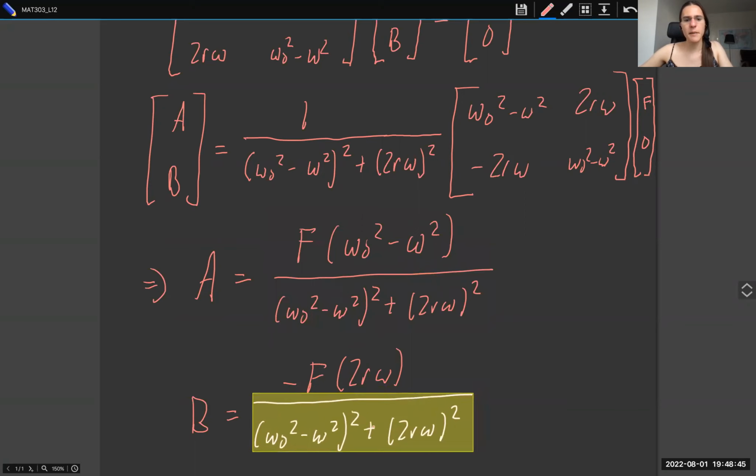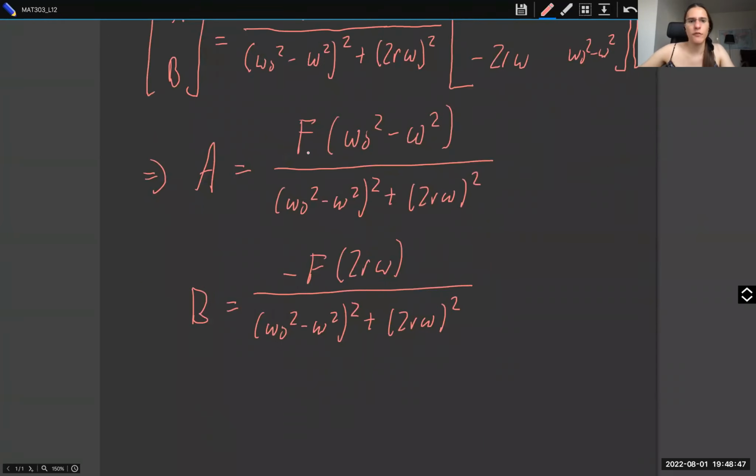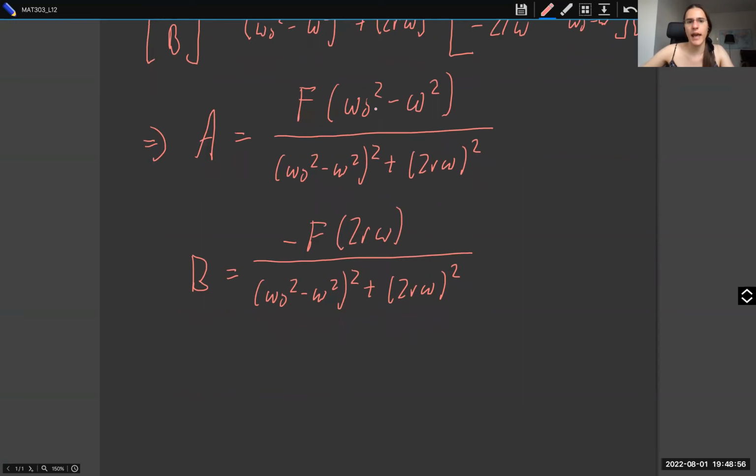So the key about this is that we have this term squared at the bottom and then this term squared at the bottom. So what happens is if we factor out F, A, B live on the unit circle up to the factor of F, right?